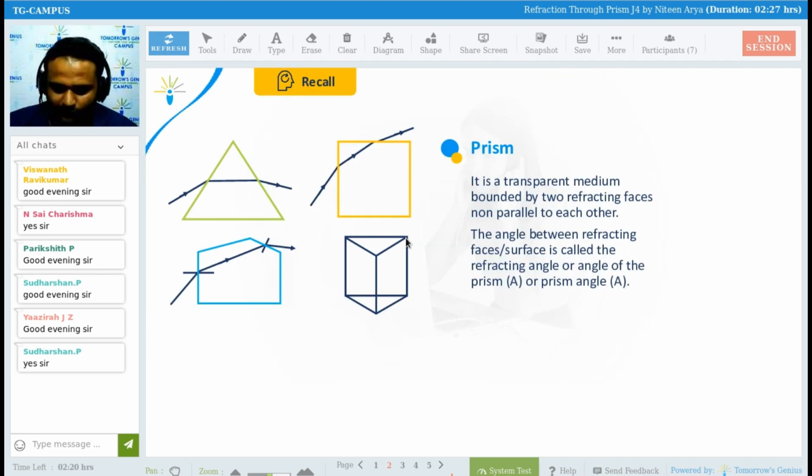So, as we know, first of all, what a prism is. Tell me. Till now you know something that is a prism, right? Triangle. But in actual, that is not the only picture.